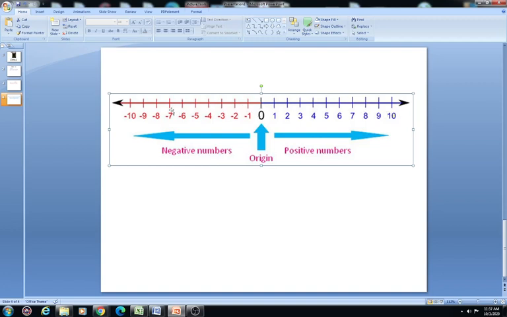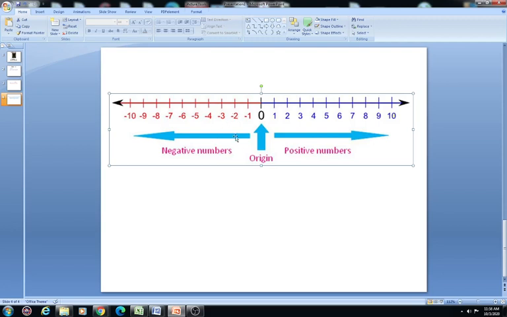To the left of 0 are the negative numbers, and they get less in value the further left from 0 you go. So to use our example from earlier, if I had $2 in my bank account, I'm positive $2, and I spend $4, I'm going to go 1, 2, 3, 4, because that's a deficit, so I'm subtracting $4 from my bank account. Whenever you subtract, you go to the left, and I'm at negative $2 in my bank account. Now I owe my bank $2.